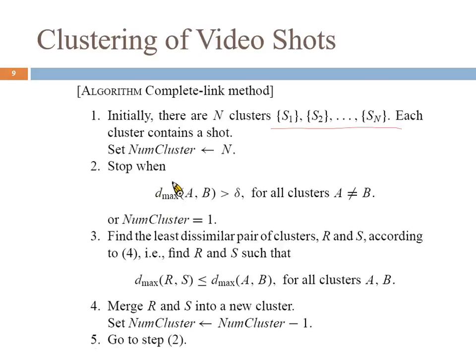The stop condition is if the distance between different clusters is larger than the threshold, we stop, or the number of clusters is equal to 1, which means all video shots are clustered together. Okay, this is the stop condition. And for each step, we find the least distance pair of clusters R and S and merge them into a new cluster.